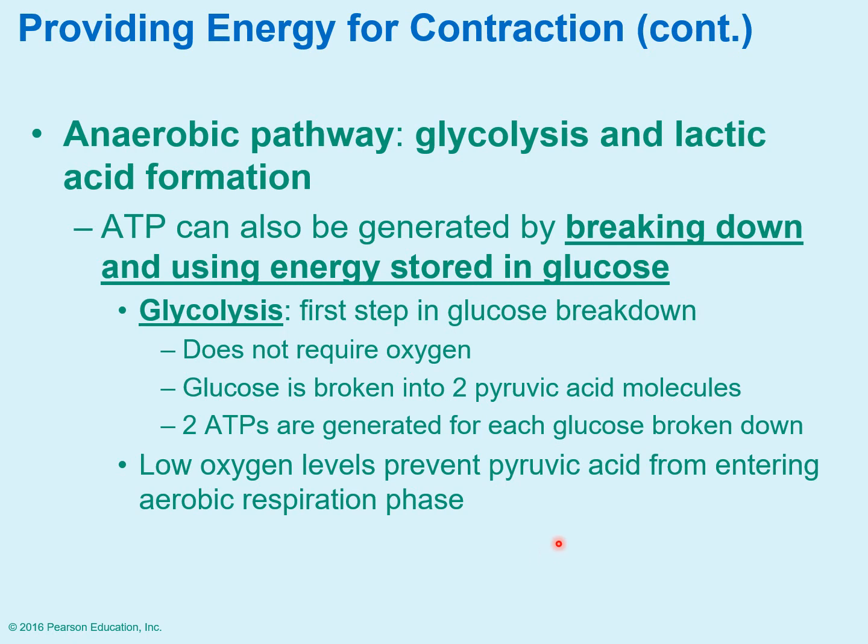If oxygen is not present, then the pyruvic acid will move into, it's kind of like a fork in the road. You either go right or you go left. If oxygen is not present, then it has to go the anaerobic pathway, which is fermentation. If oxygen is present, then it will go the aerobic pathway, which will generate a whole lot more ATP.